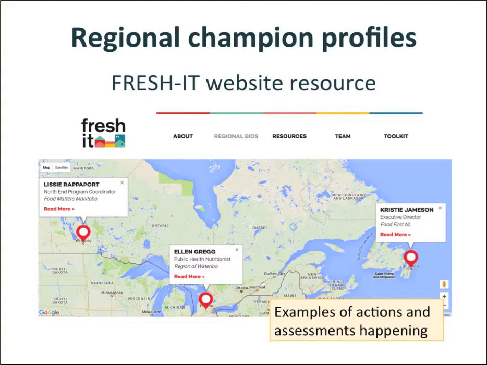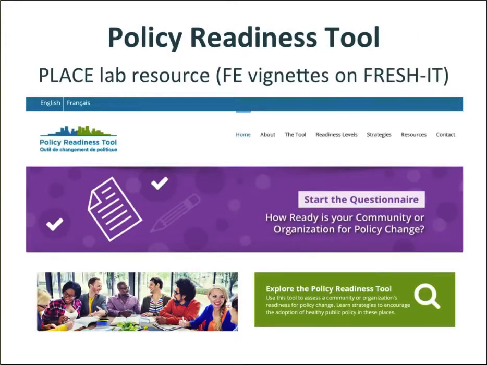We're hoping that this interactive map we've created on our website will grow and grow as we hear more of your stories about how you're piloting this work and doing food environment assessment and intervention across the country. And this is a link to the policy readiness tool.